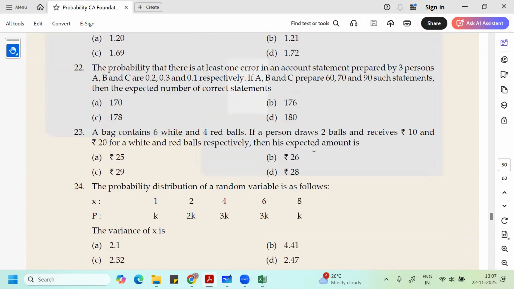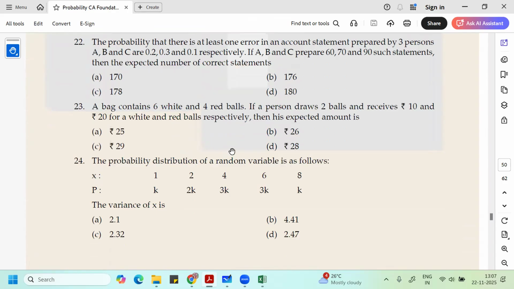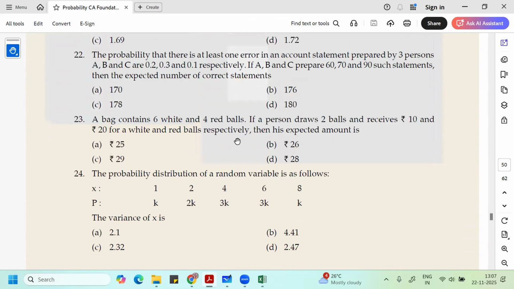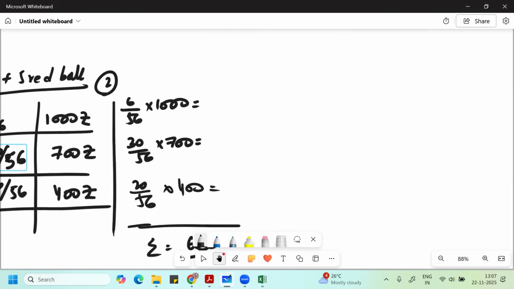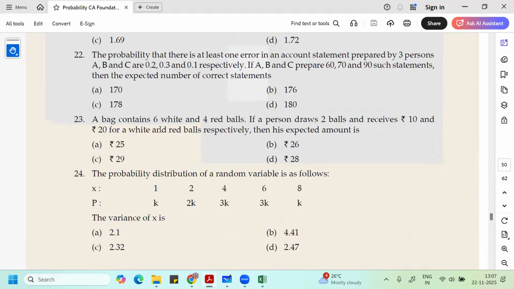Like if you see question number 23 and 24, what is the expected amount? Same as what we did. A bag contains six white and four red balls.